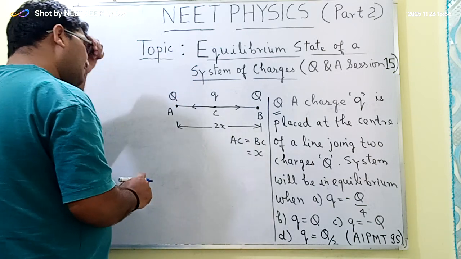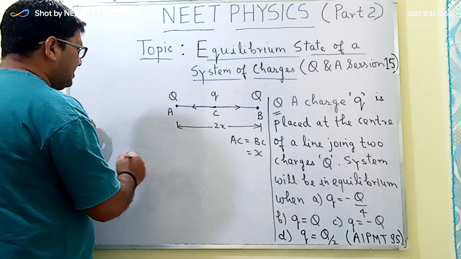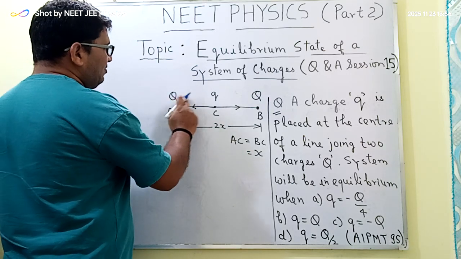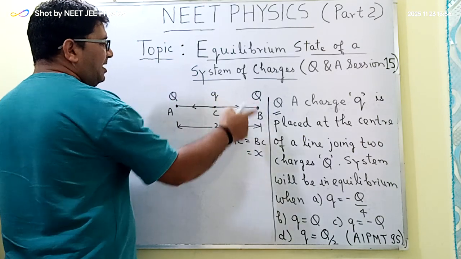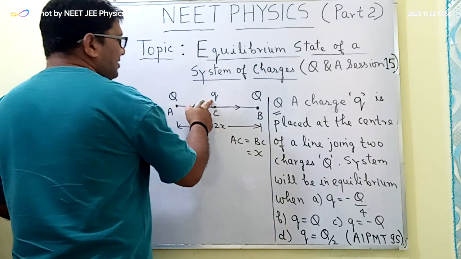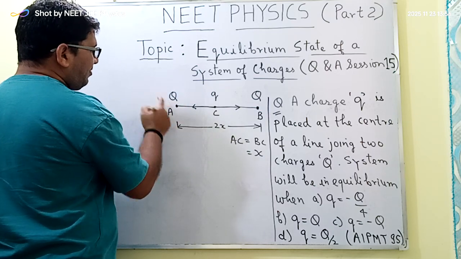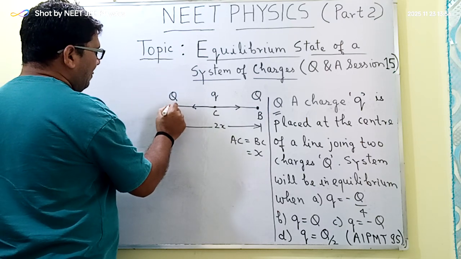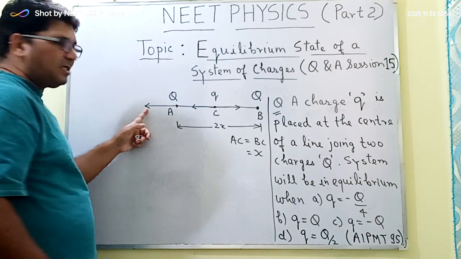Let us first of all find the total force on the charge capital Q which is placed at A. This charge will be experiencing the electrostatic force because of the charge small q and the charge capital Q which is placed at B. The electrostatic force because of the charge small q on this charge capital Q will be repulsive, in the direction given by this arrow.